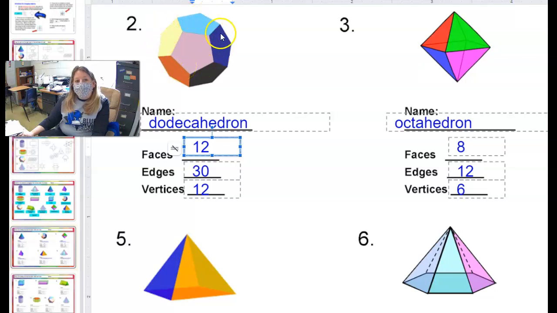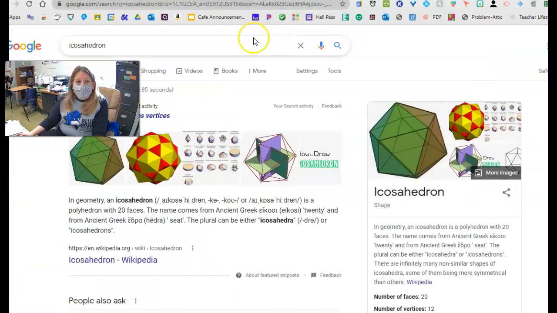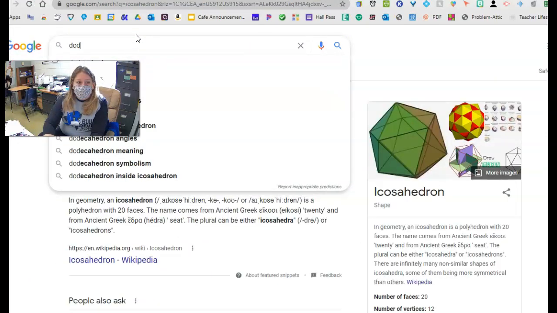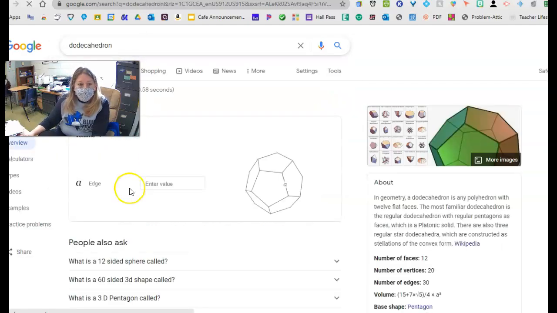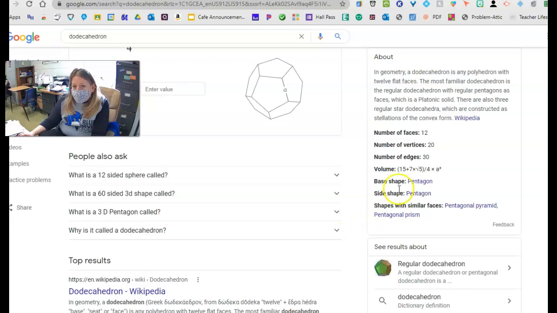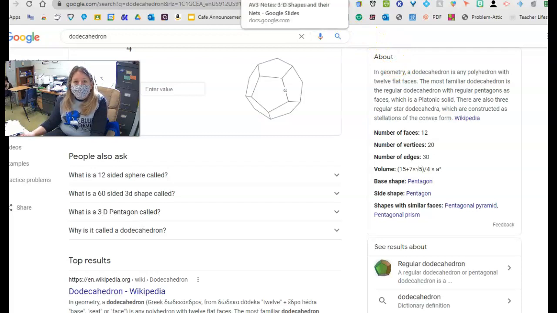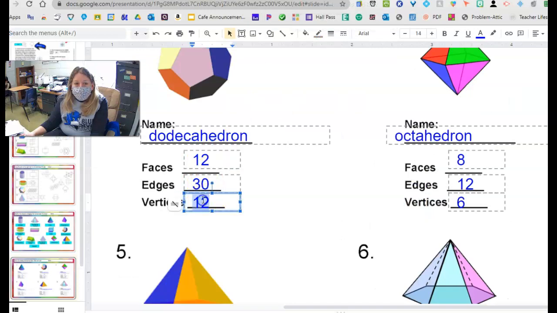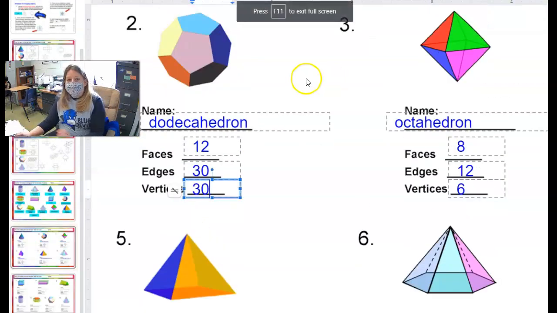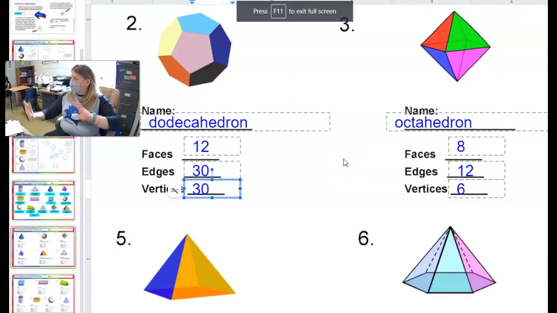I still got 30 edges for a dodecahedron. 20 vertices, 30 edges, 12 faces. Interesting, it's the same number of edges. Huh. Okay, I think we've got them all fixed now.